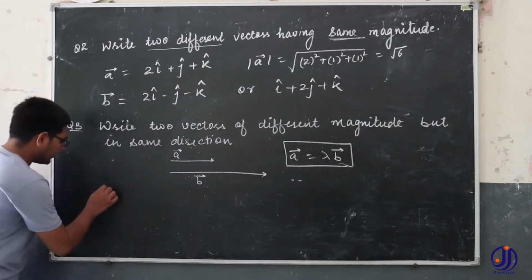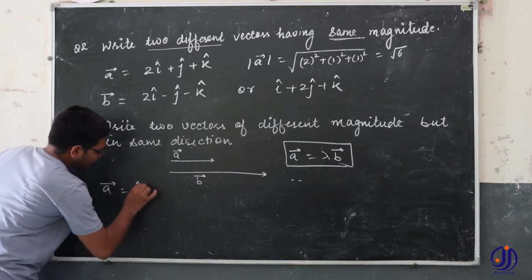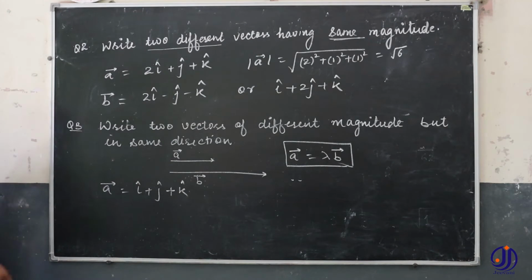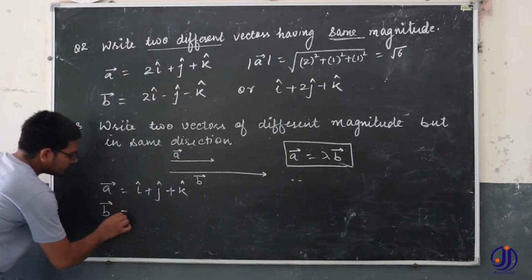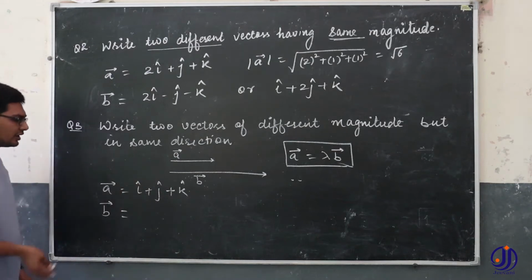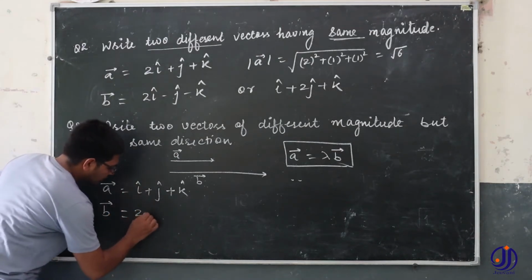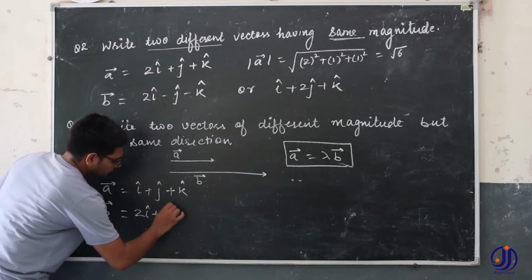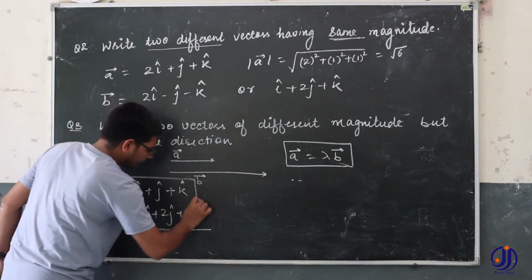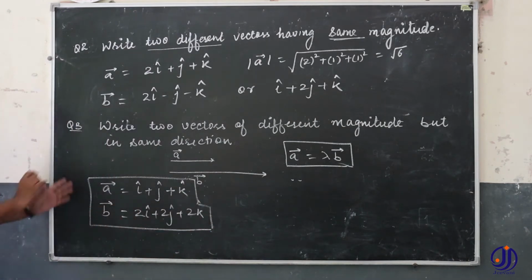So I am writing vector A as i cap plus j cap plus k cap, any vector, right? And vector B can be written as A multiplied by 2, 3, 4, half, minus half, any number. Say I multiply it by 2. These are the vectors which are in the same direction, but their magnitudes will be different.